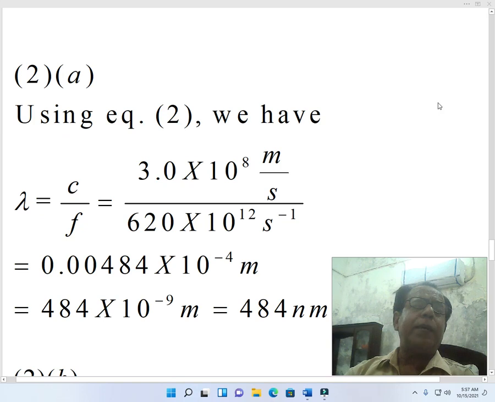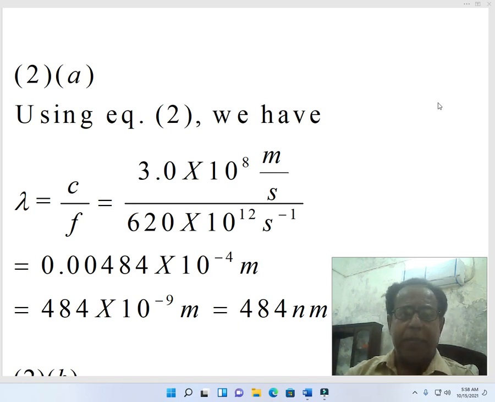Now we come towards the second part of this problem, which again has three parts A, B, C. Using equation 2, we have lambda equal to C over F. Putting the value of C and F, the speed of light C is constant, 3.0 into 10 raised to the power 8 meter per second.